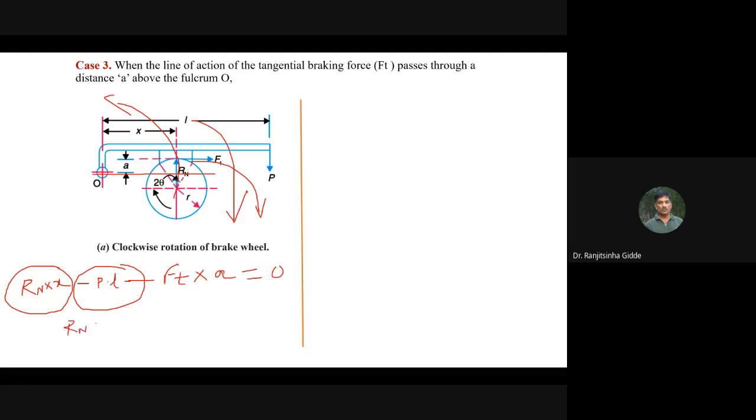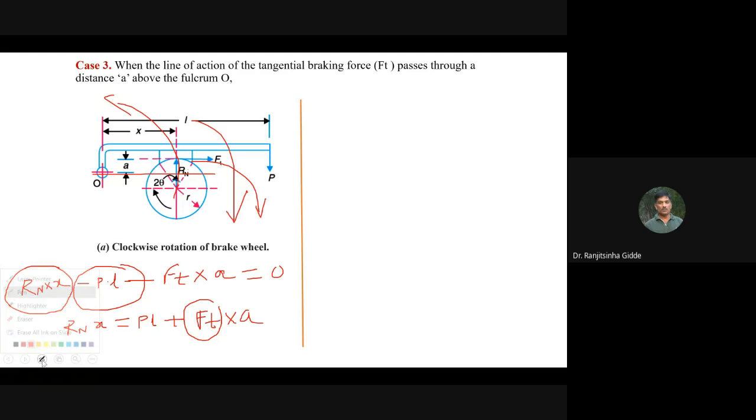So Rn into x is equal to PL plus Ft into a. By putting the value of this Ft, we are going to write mu Rn.